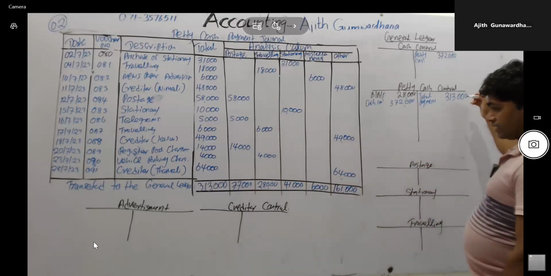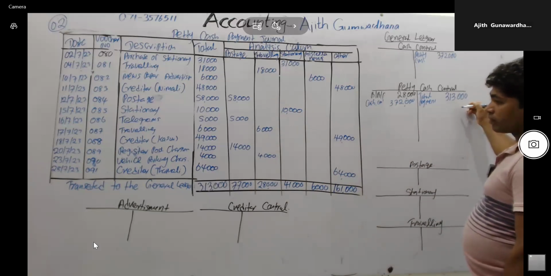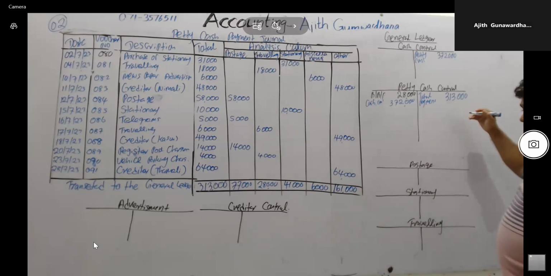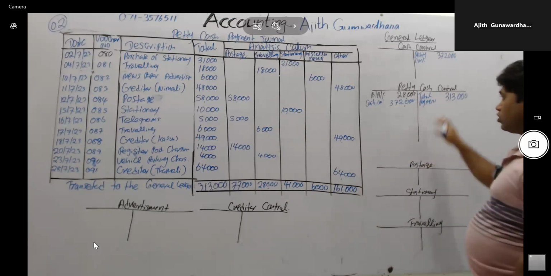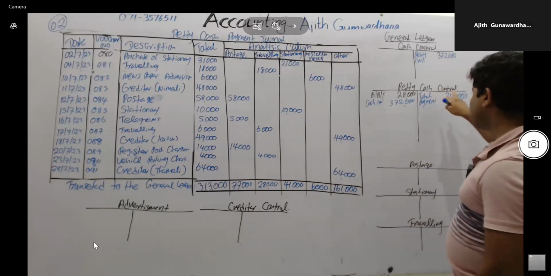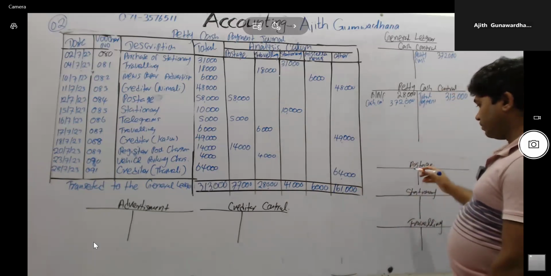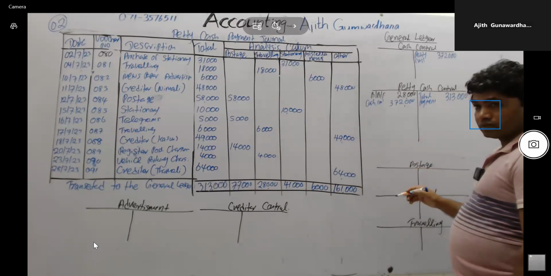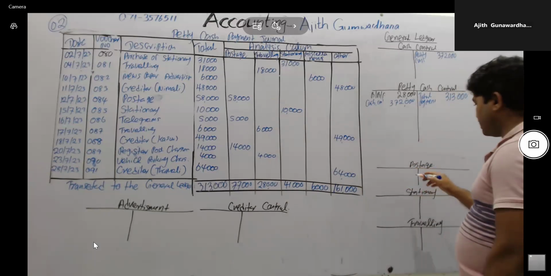That means postage 77,000, traveling 28,000, stationery 41,000, miscellaneous 66,000, other 161,000. Like that also it can be recorded, or the total column total value. For cash decrease, petty cash control account credit. Then debit the separate ledger accounts.